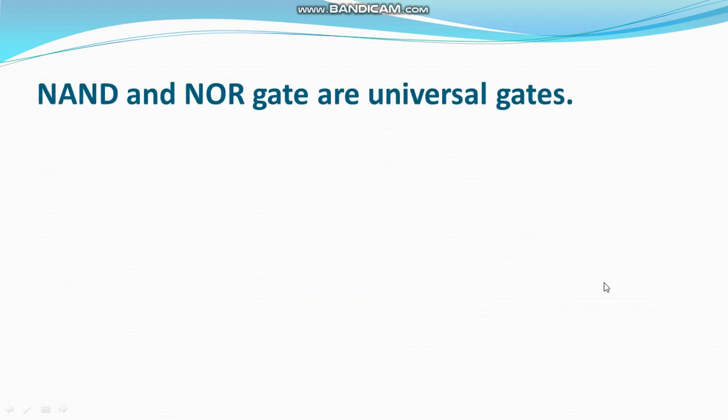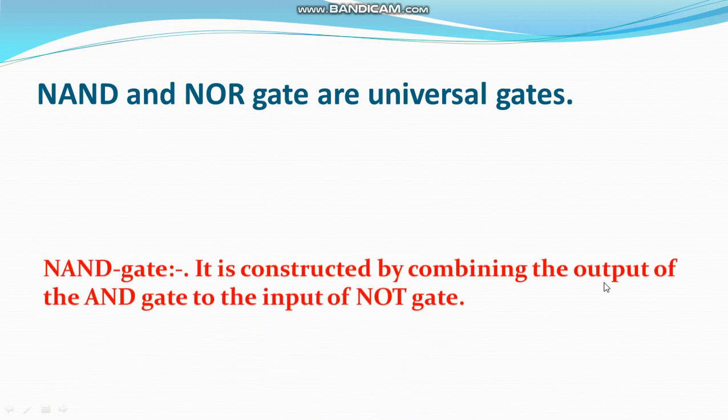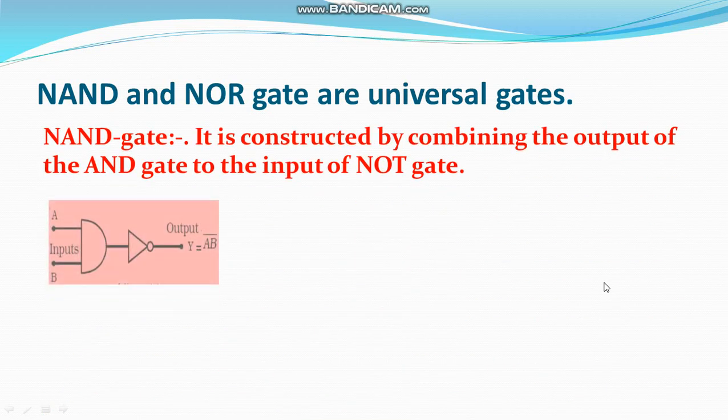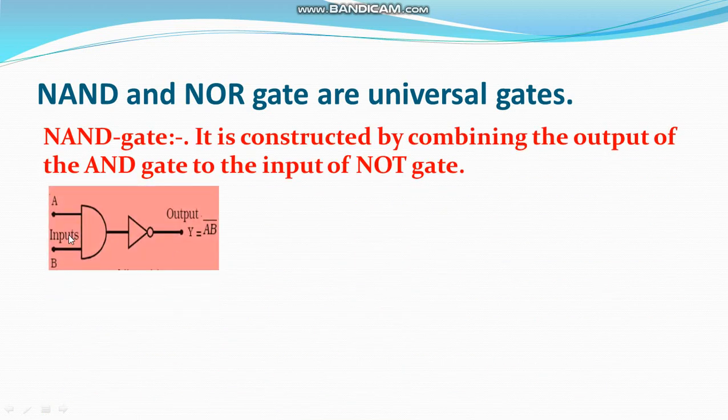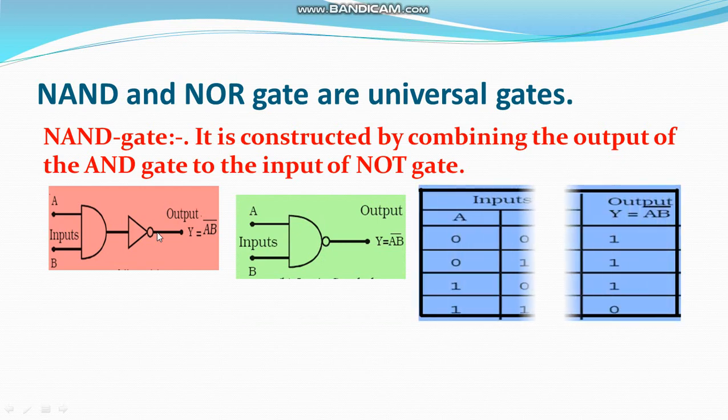NAND and NOR gates are universal gates. NAND gate: this one is a combination of AND and NOT gate. Logical symbol, truth table. This truth table is very easy to keep in mind. How? See, this is an AND gate, so what is the output of this AND gate?